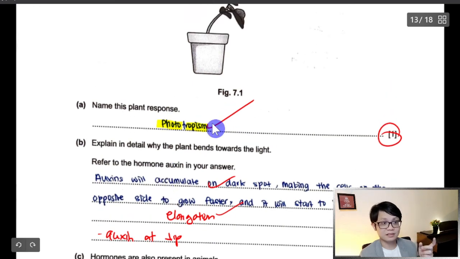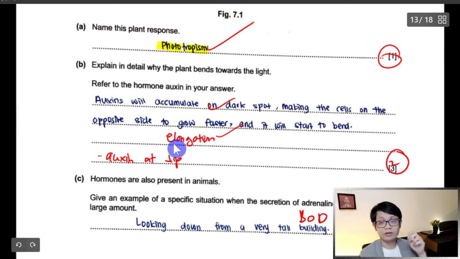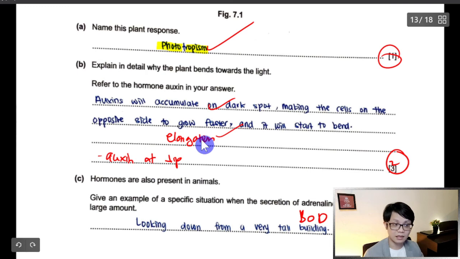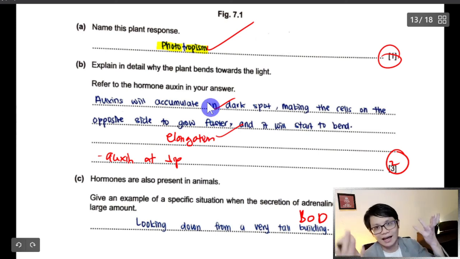So since the darker spot produces more oxygen, it will produce elongation. Because there is no light here, there's more oxygen, so it will grow towards the light source. The marking scheme says elongation, but the student says grow faster, so it's still acceptable.